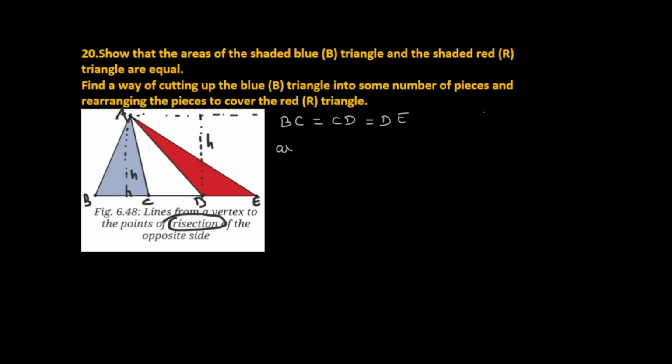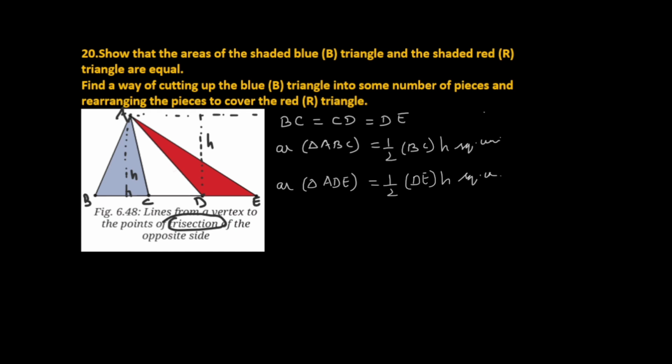Now the area of triangle ABC is equal to half into base BC into H square units. Then the area of triangle ADE is equal to half into base DE into H square units.